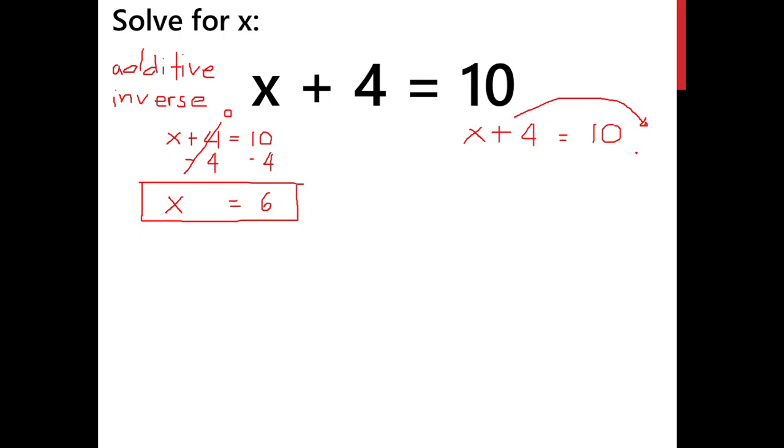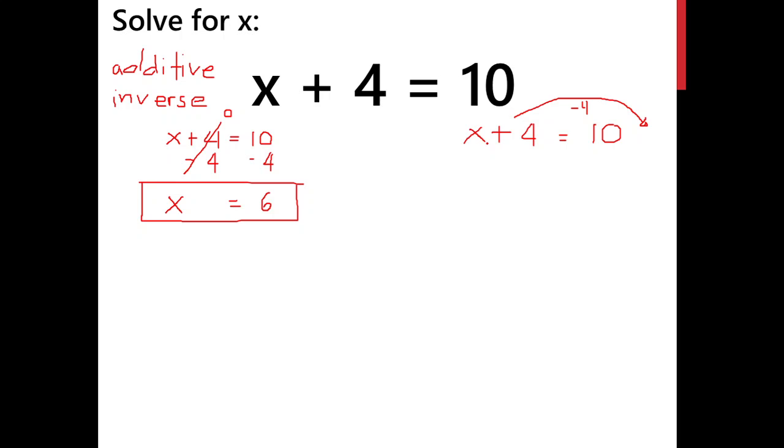Now, this is very important. If you use the transposing method, once you transpose a term to the other side of the equation, the sign of that term will change to its opposite sign. Meaning, if this term positive 4, we transfer it here to the other side of the equation, that becomes negative 4.